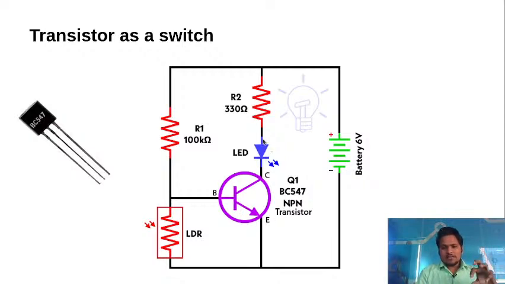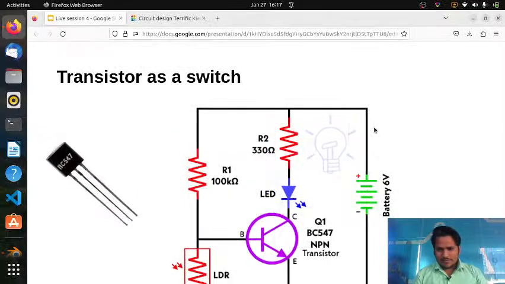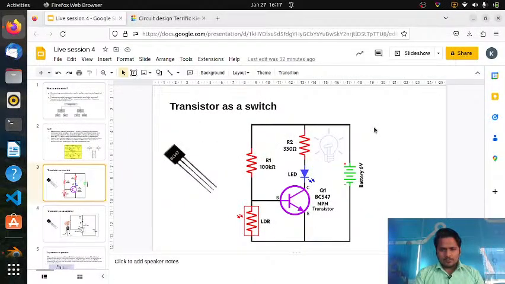Whatever is connected at the collector, here in this case an LED, will be turned on. If you connect a buzzer also, it will start buzzing during the night time. So I hope you have understood the circuit diagram. If you still have any doubt, you can put your comment, and then we will help you to resolve your problem. Okay, so I hope till here there is no problem.